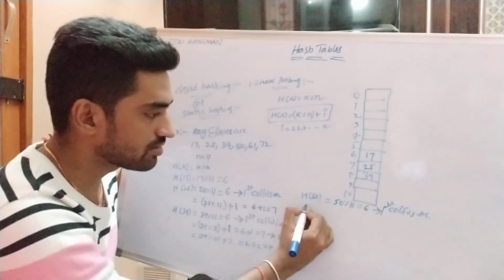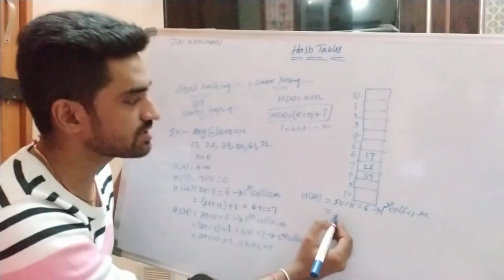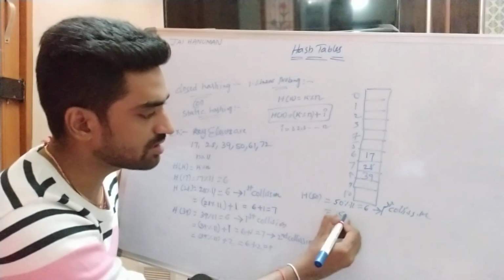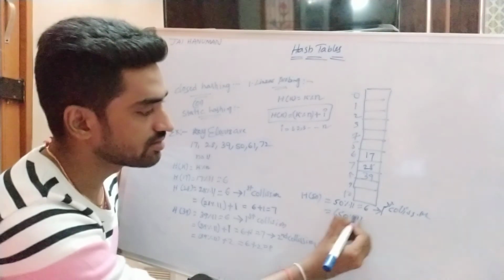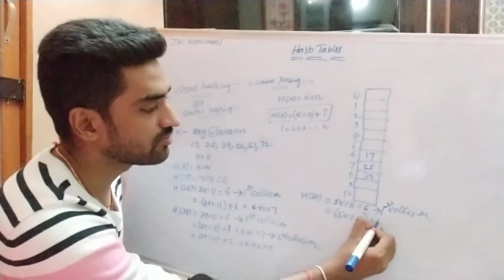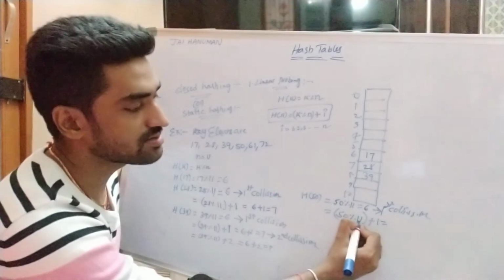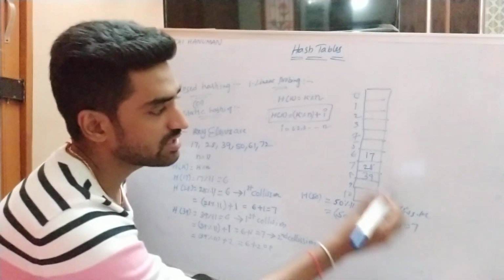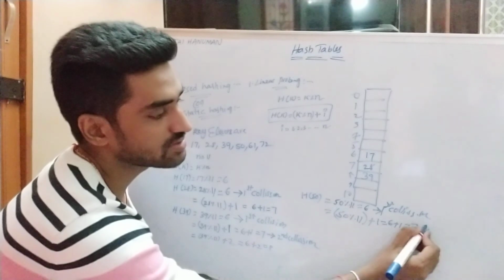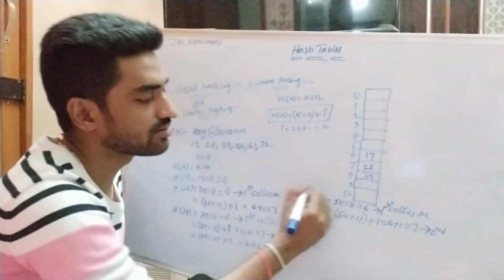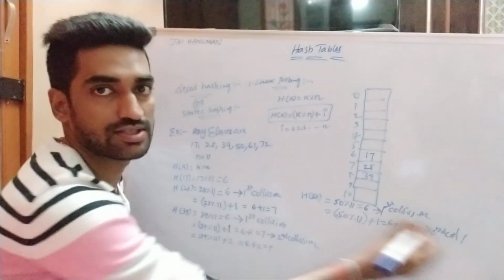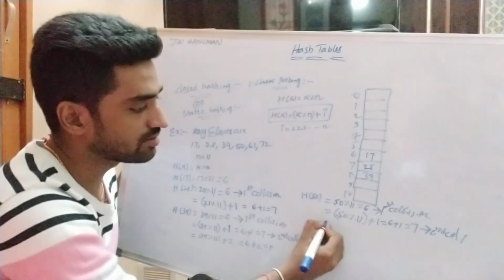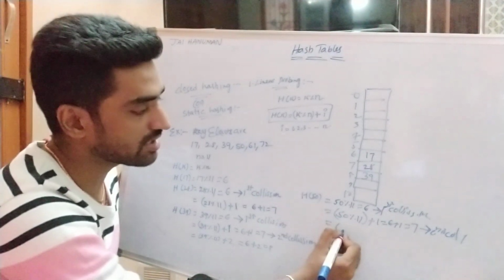Then apply linear probing mechanism. 50 modulo division of 11. What is the initial value of i? 1, which is equivalent to 6 plus 1, 7. 7 is already occupied by 28. So second collision is occurred for the 50 element. Second collision. Right? Then apply linear probing mechanism again.